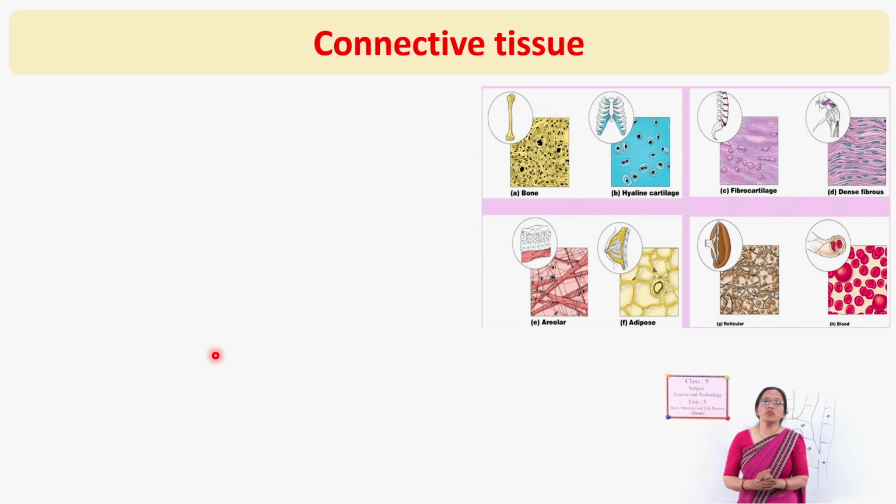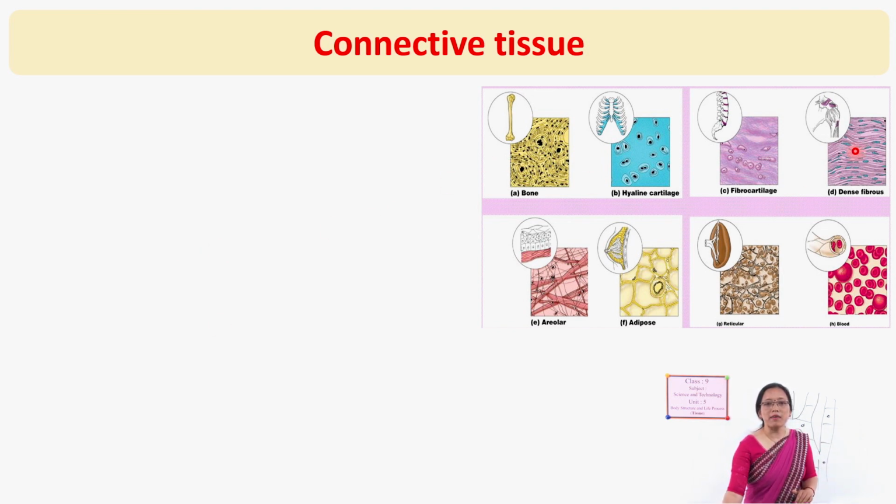The next type of tissue is connective tissue. What does it represent? Connective means connecting one another, either cell or tissue or system or organ. Those tissues present in the animal body which connect cell to cell, tissue to tissue, organ to organ or system to system are called connective tissue.